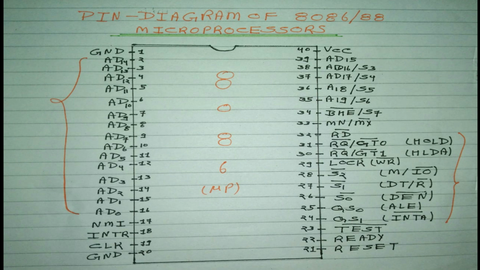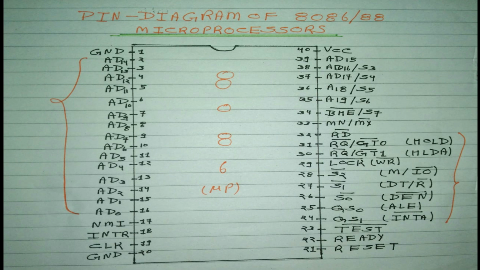The topic, minimum and maximum mode, has been covered under this section. One thing I would like to say is that the 8086 microprocessor has both minimum and maximum mode. I will explain it one by one, so you will have to concentrate on my lecture word by word.